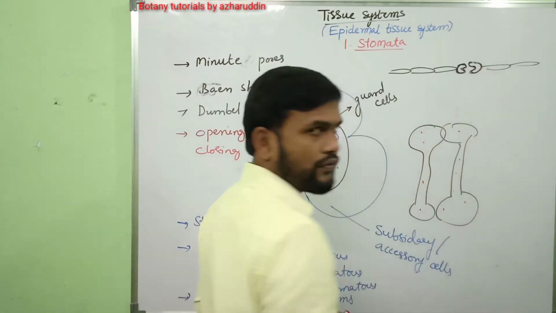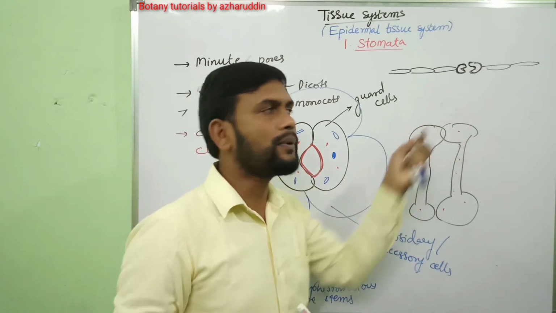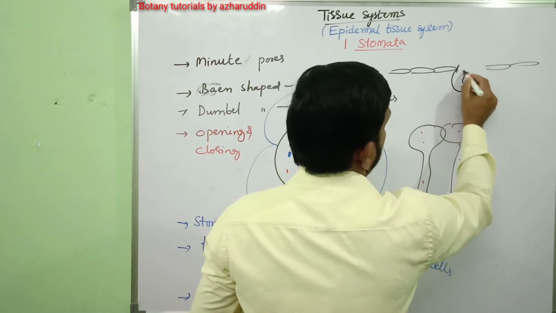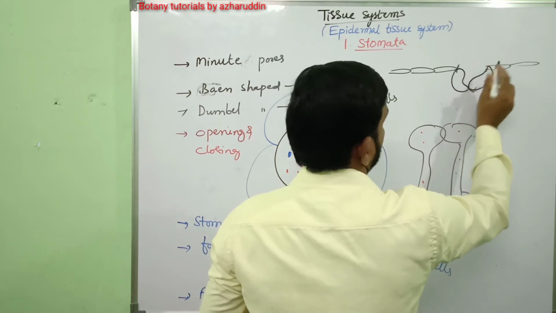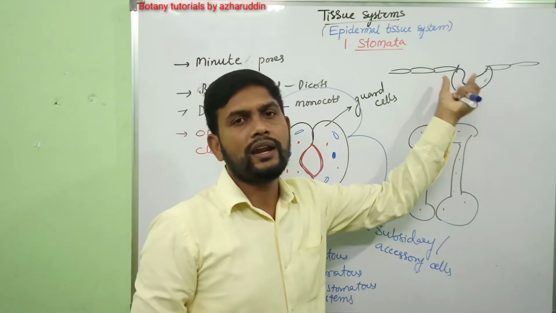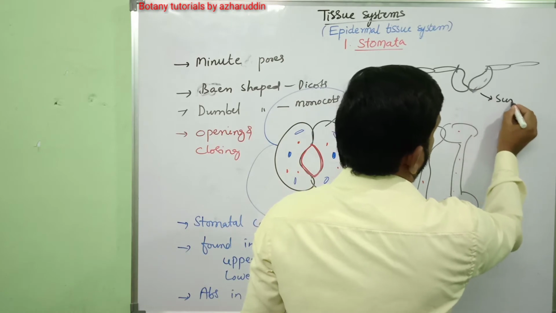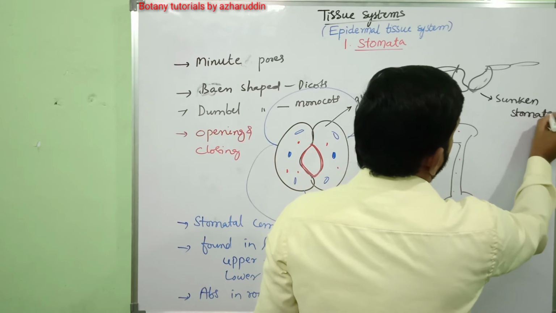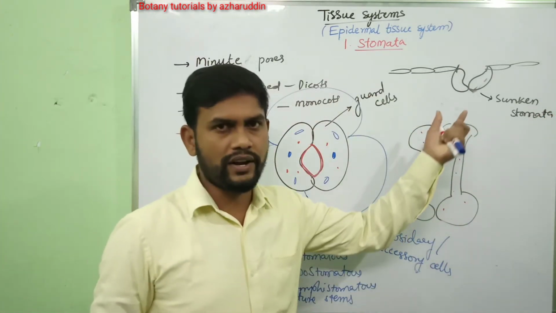In xerophytes, they are closely arranged and found in deep cavities like this. Such stomata are called sunken stomata. They prevent the loss of water. They prevent transpiration in xerophytes.